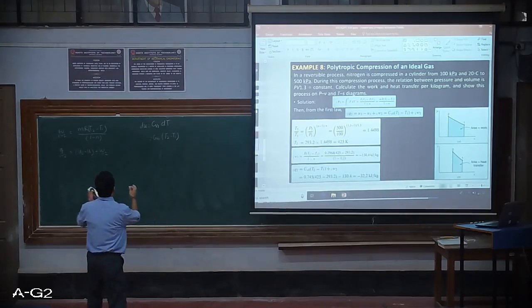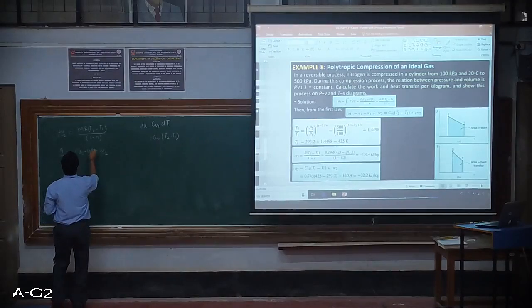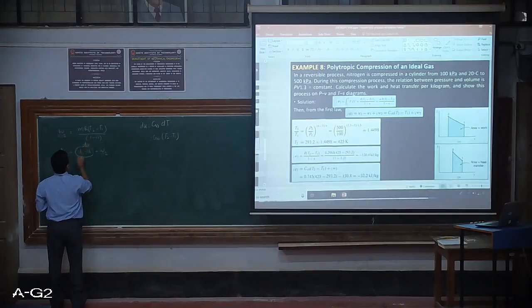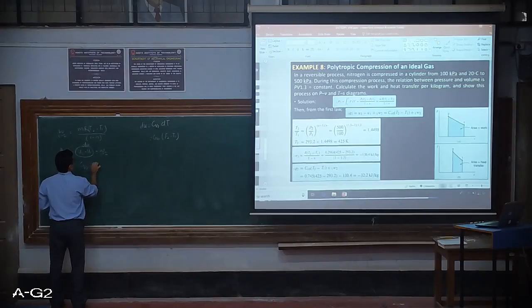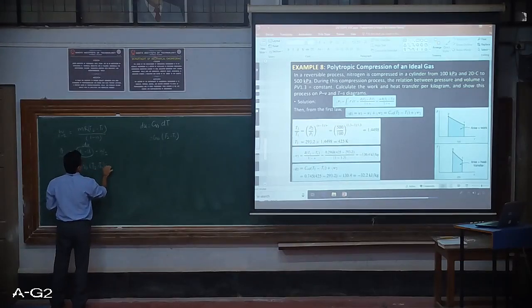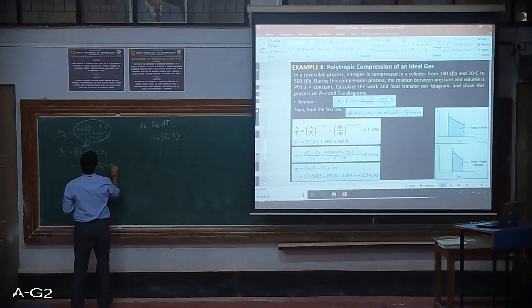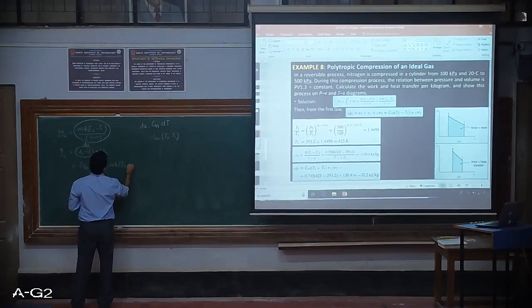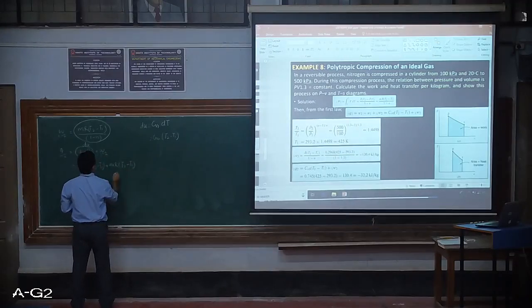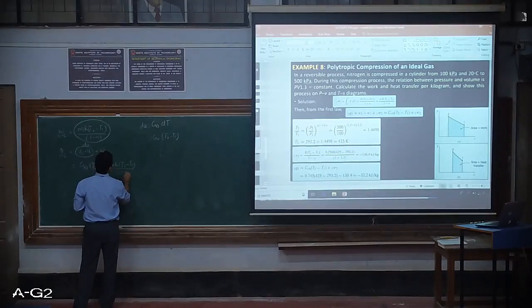If I substitute this du, I will write this as Cv0 into bracket (T2 minus T1) plus the work done expression, in full, mR(T2 minus T1) divided by (1 minus n).